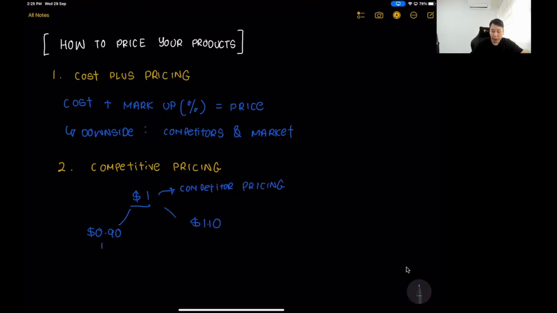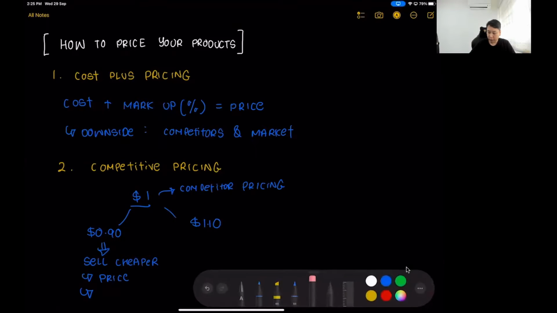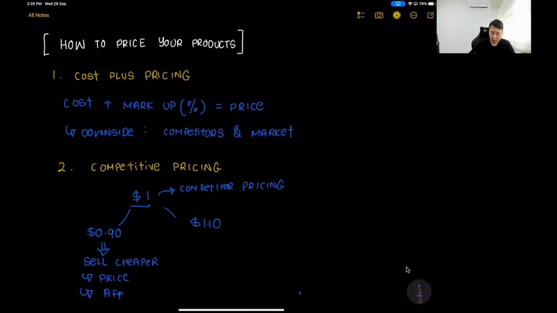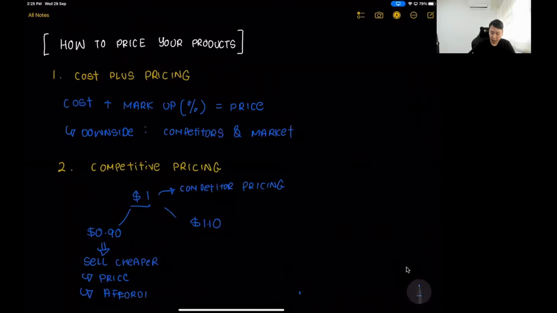When you price it at 90 cents, you actually sell cheaper. Then you are competing based on price, but of course, you are also telling people that you are affordable and accessible to all. So let's say you are pricing it at a premium.